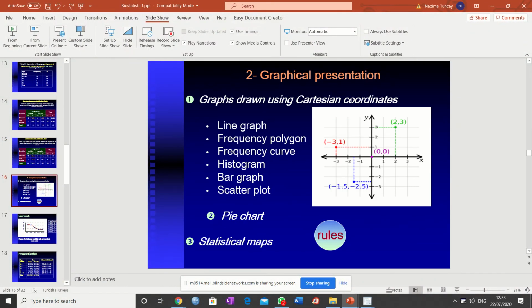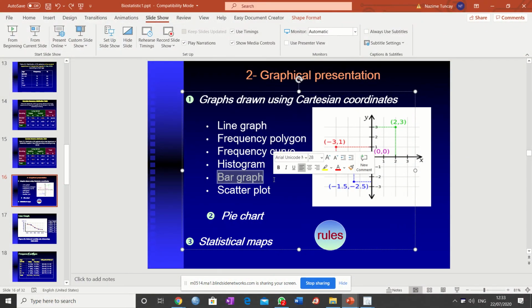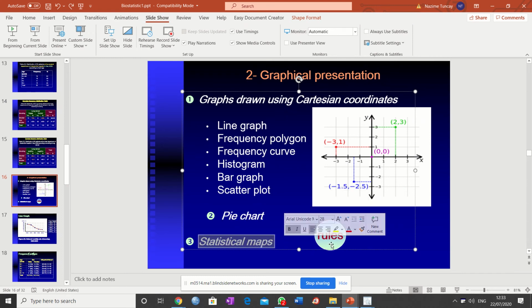Now, let us talk about graphs and the rules. There are lots of graphs: line graphs, frequency polygons, histograms, bar graphs, scatter graphs, and pie charts. And also there are statistical maps.